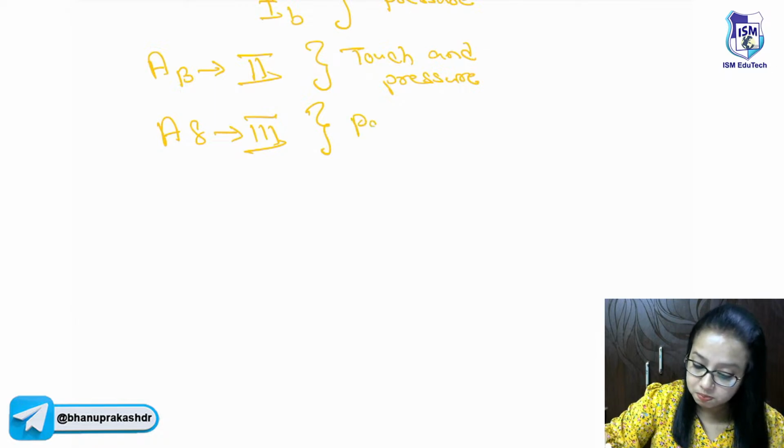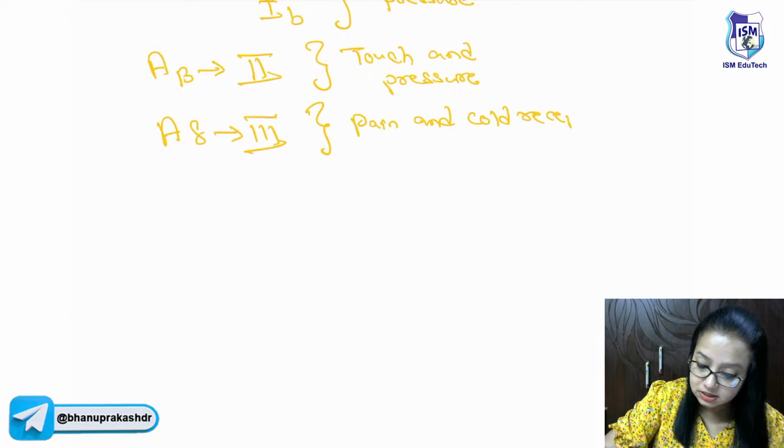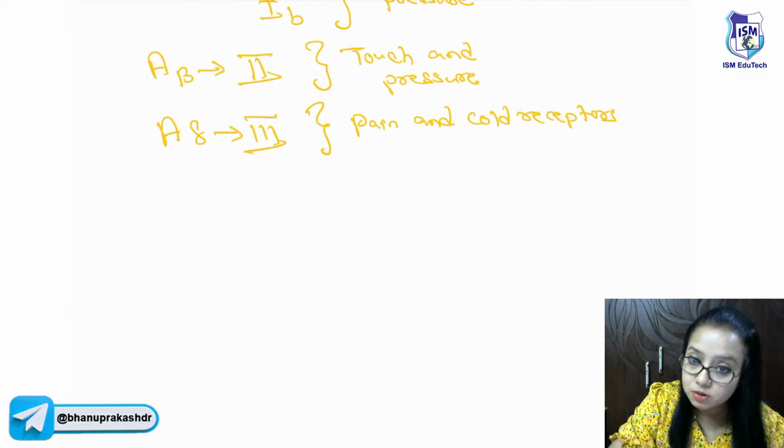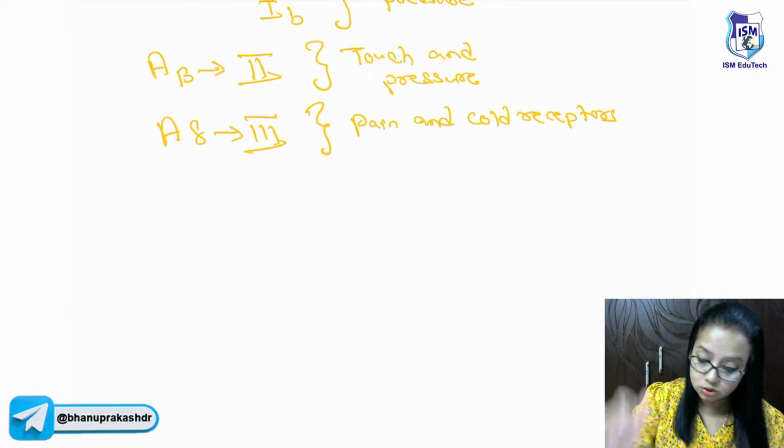So pain and cold receptors. Okay, because sometimes cold and heat, which is much more or less than the body temperature, also induce the prickly sensation. So pain and cold receptors.